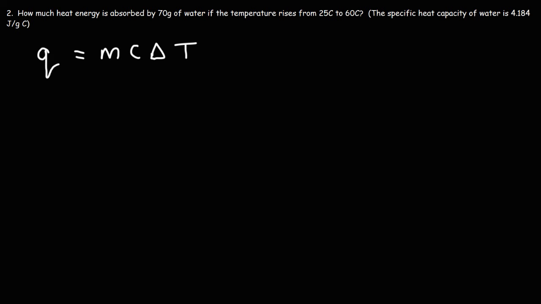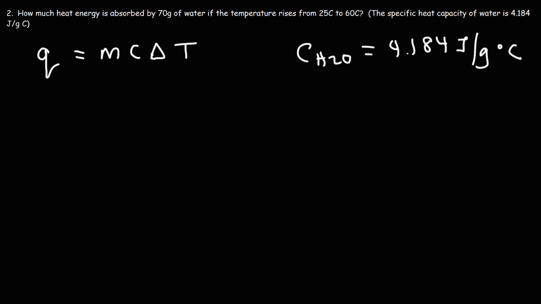Q represents the energy absorbed or heat, kind of like what Q represented in the last problem. M is the mass in grams, C is the specific heat capacity, and in this example, the specific heat capacity of water is 4.184 joules per gram per Celsius. This means that it takes 4.184 joules of heat energy to heat up 1 gram of water by 1 degree Celsius.